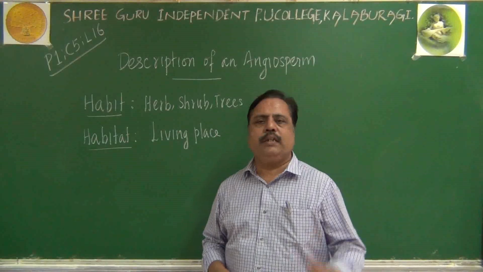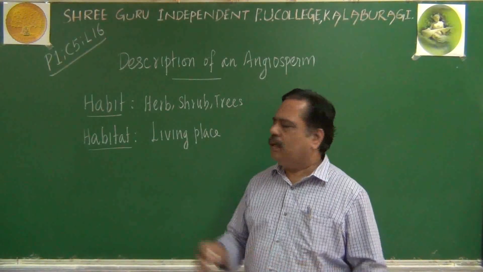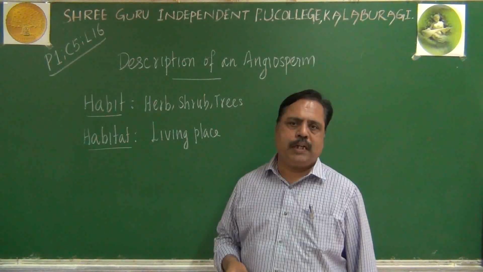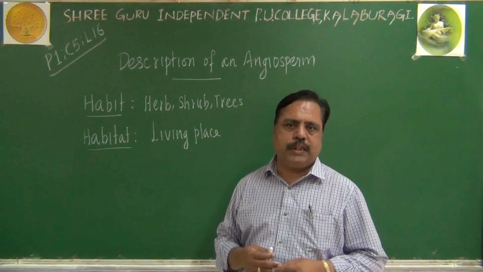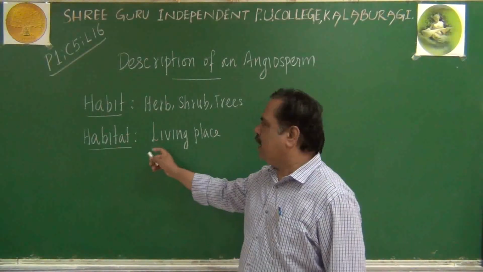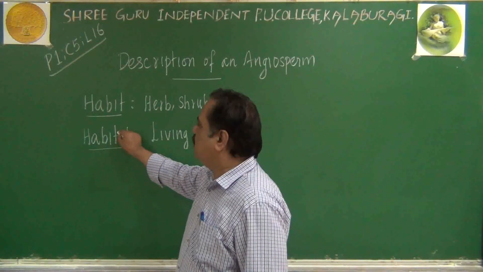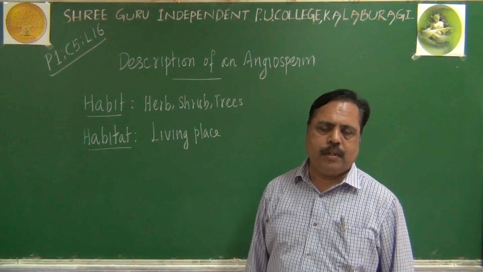Whether it lives in the soil, that means a terrestrial plant. We have heard about aquatic plants, hydrophytes, and xerophytes, which live in deserts and such conditions. So that is habitat. Habit is different, habitat is different.